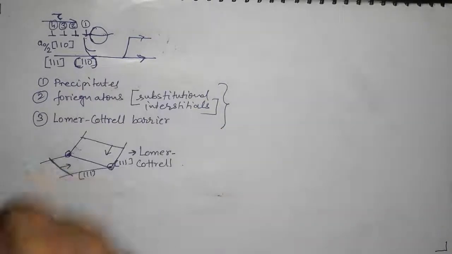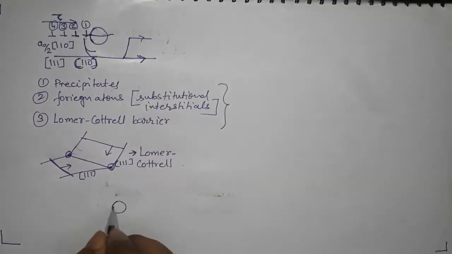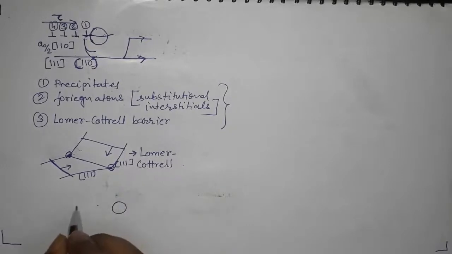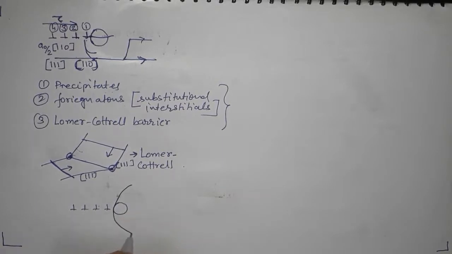So now come back to this diagram. I have a barrier, and this barrier is a representation of any kind of barrier. It's a general barrier, and dislocations are coming and piling up there. Let me make a bigger boundary.